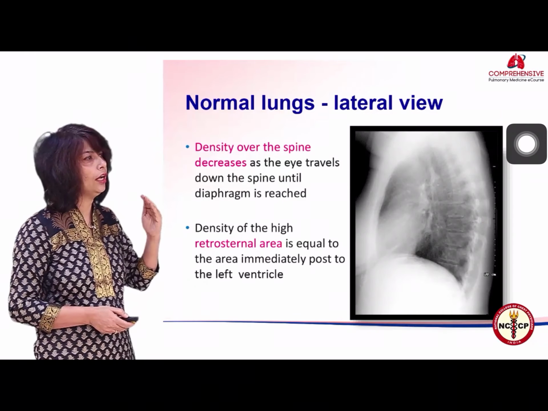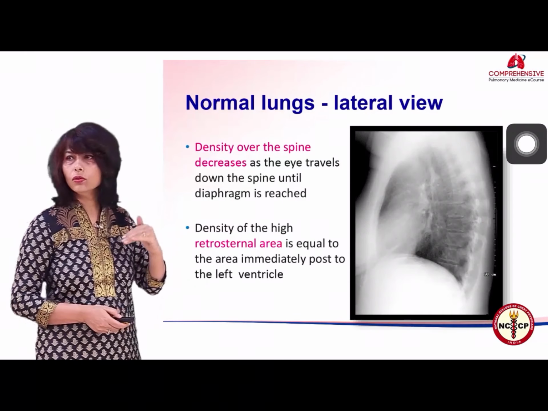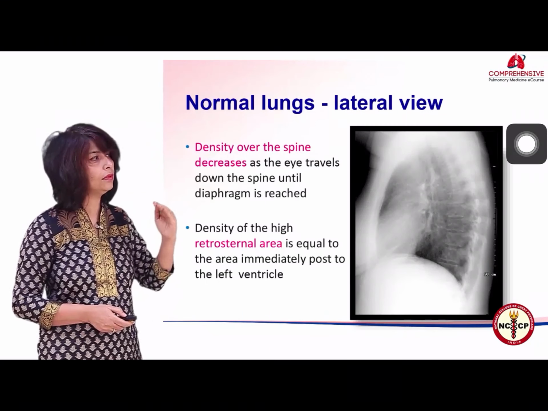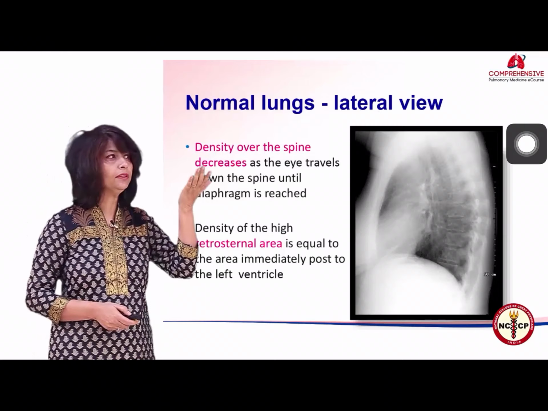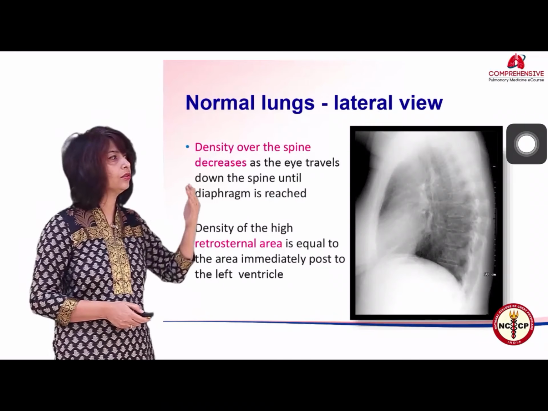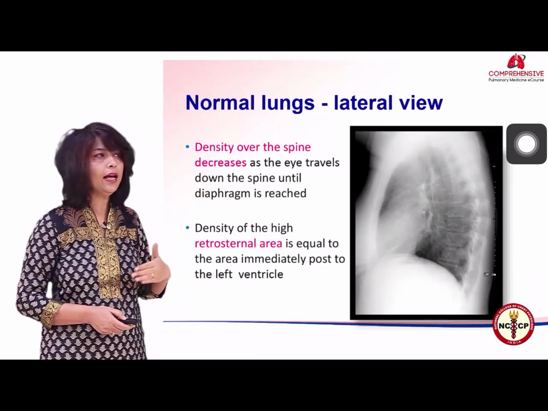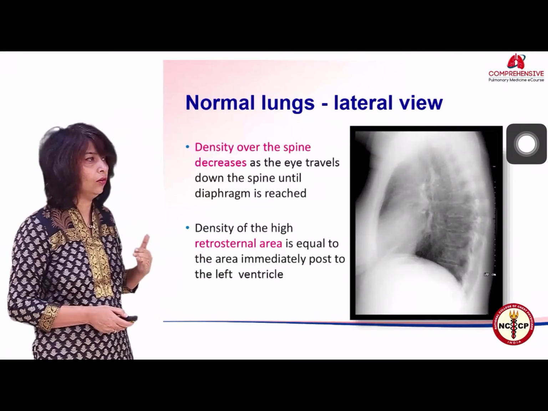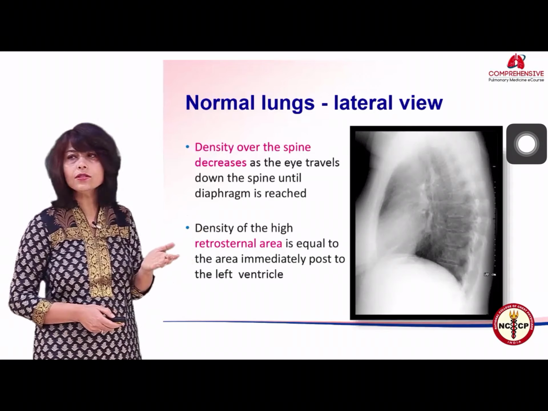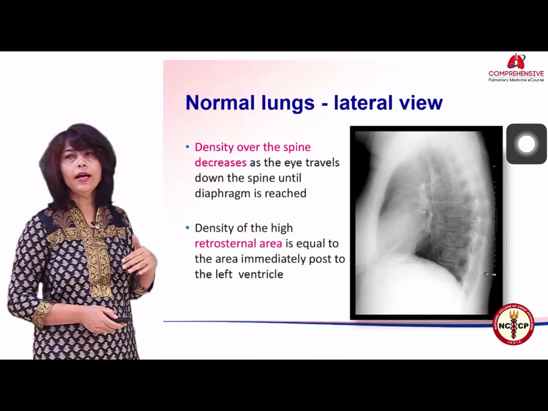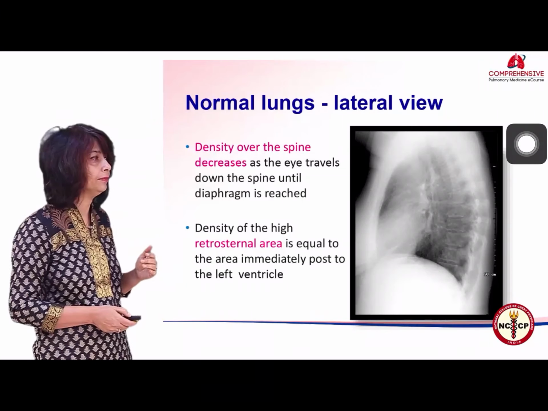Important is that you run your eye down the dorsal spine. As you come down the dorsal spine, what do you see? The density becomes blacker. So the density is decreasing as we are traveling down. If there is a lower lobe disease, this decrease will not happen, or an increase will happen.